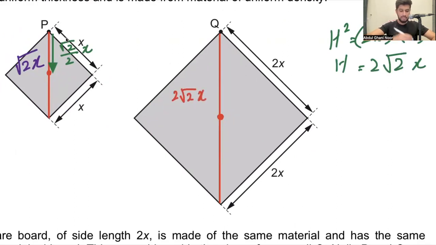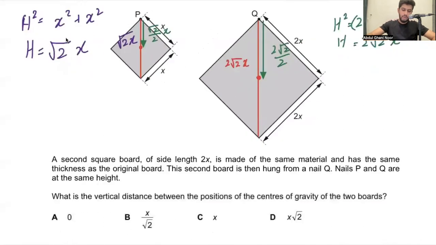And if somebody asks what is the distance from here to here, my answer to that will be 2 root 2 divided by 2. Now the question says, what is the distance between the centers of gravity of these two? What is this distance?